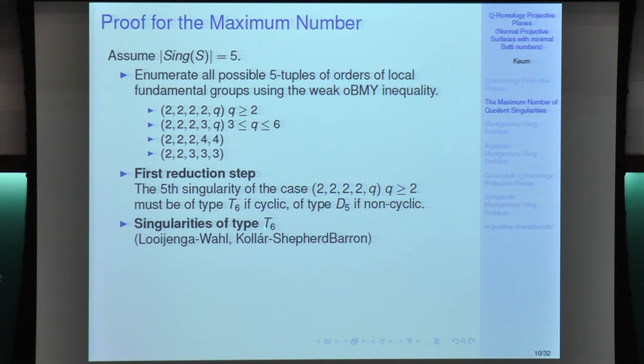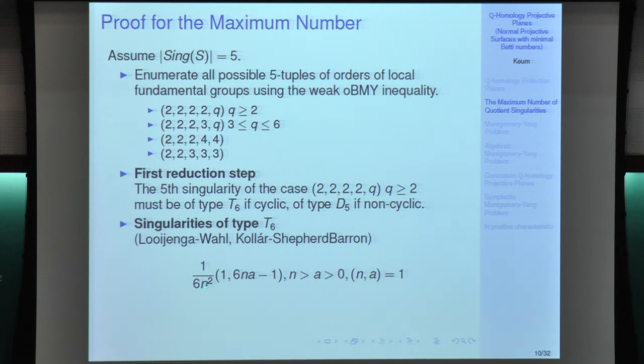These are quotient singularities which have a Q-Gorenstein smoothing, a smoothing such that the total space is Q-Gorenstein. Of course, rational double points also have Q-Gorenstein smoothings. So the class T is different from rational double points.